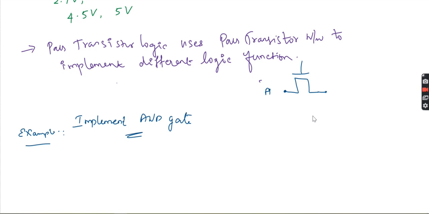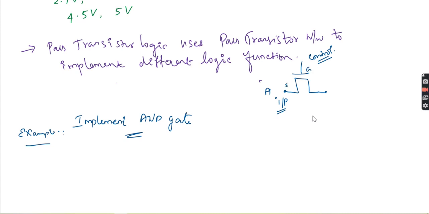Because the input, you always have to think about it in this way. In the pass transistor, this will be your input, and the gate will be the control. Sometimes you may call the gate the control signal.